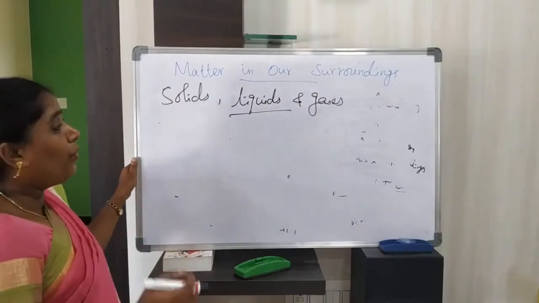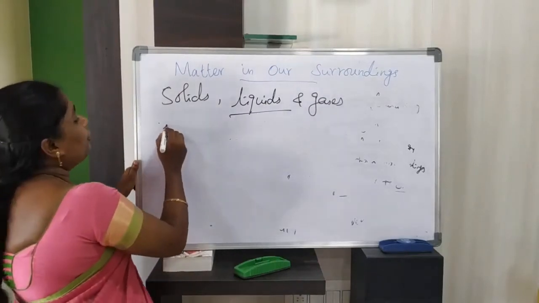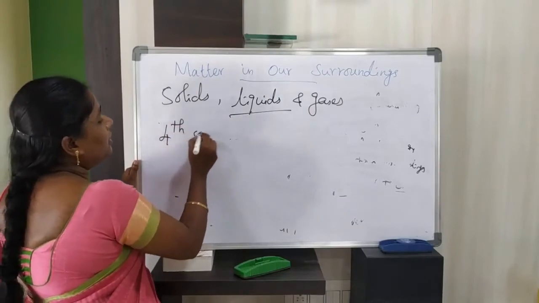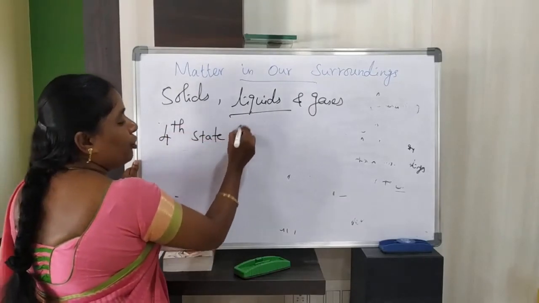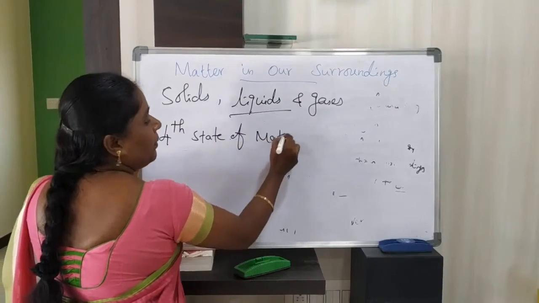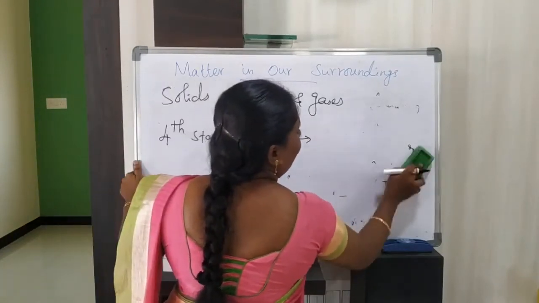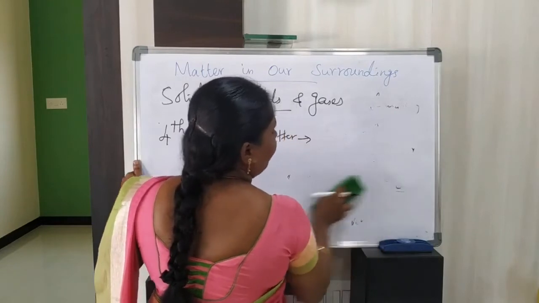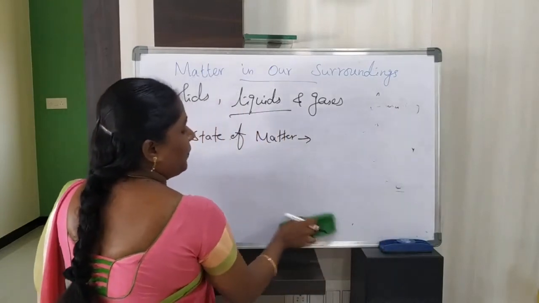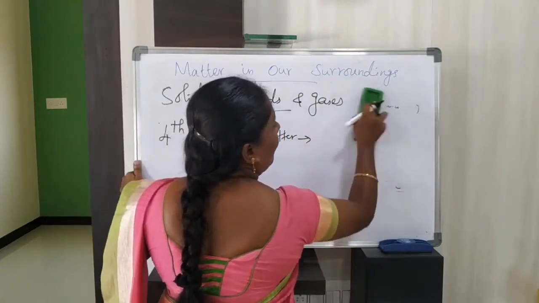Now today we are going to discuss the fourth state of matter. It is plasma. What is the fourth state of matter? It is plasma.